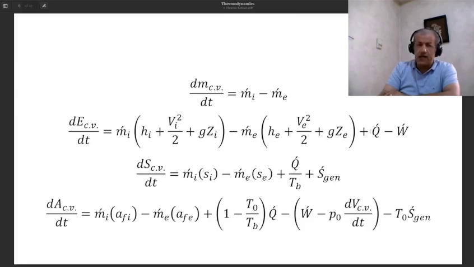Heat transfer is calculated just from this equation or from either of these two equations. In another subject, called heat transfer, all they are concerned with is calculating heat transfer with the knowledge of temperatures, velocities, and other properties.